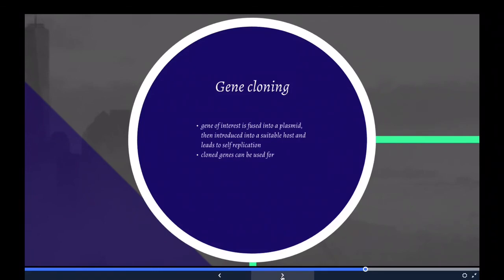Gene cloning has been used to transfer nitrogen-fixing genes of bacteria into food crops to boost food production without using expensive fertilizers. In the pharmaceutical field, bacteria containing genetically cloned plasmids are used for the overproduction of vitamins, hormones, and antibiotics.